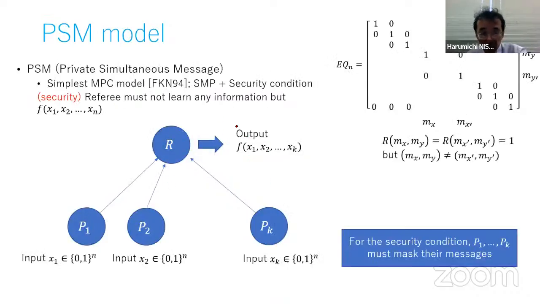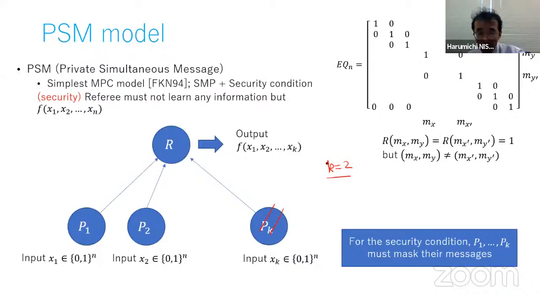But for the security condition, this figure is not sufficient because P1 to Pk must mask the message. In this case, we cannot mask the message because, now we consider again the k equals 2 case.